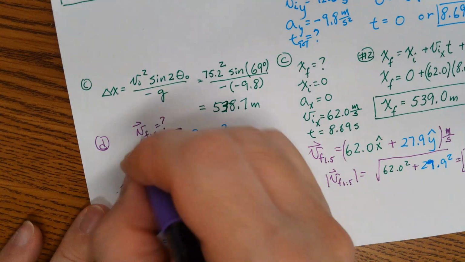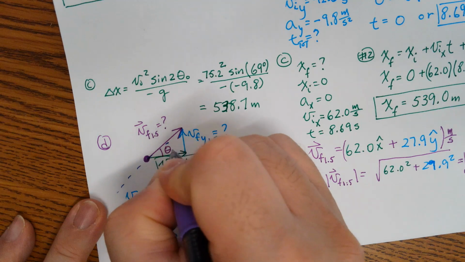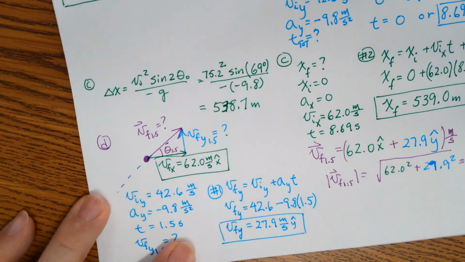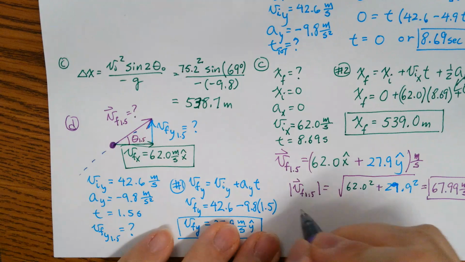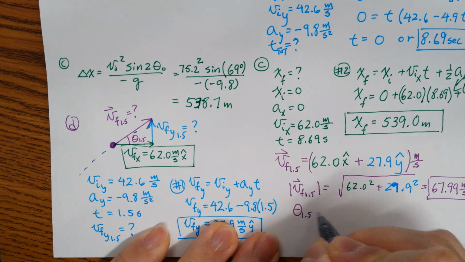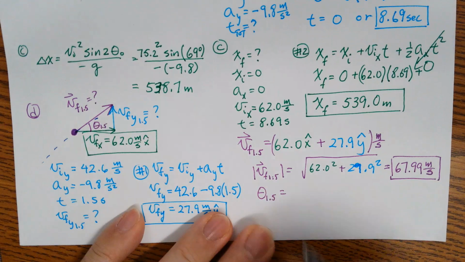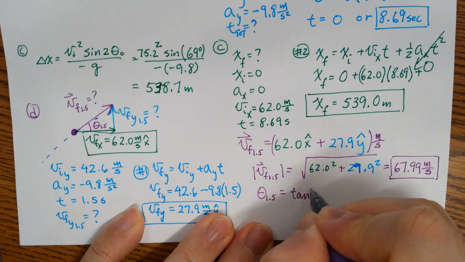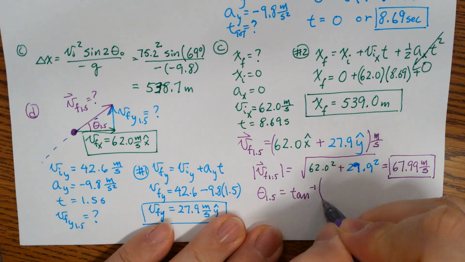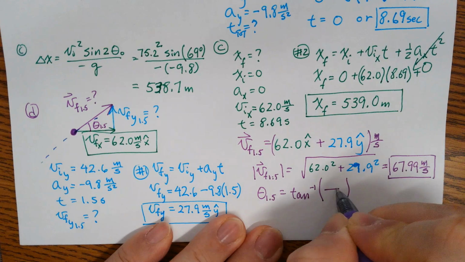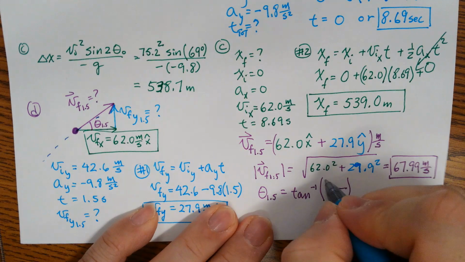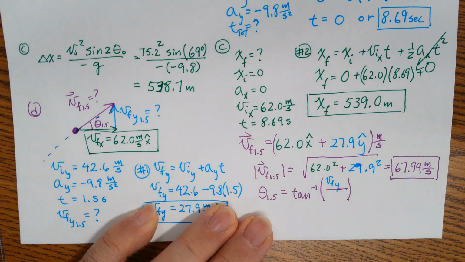Then, to find this angle theta at 1.5 seconds, your theta at 1.5 seconds is equal to tan inverse of VFY over VFX.